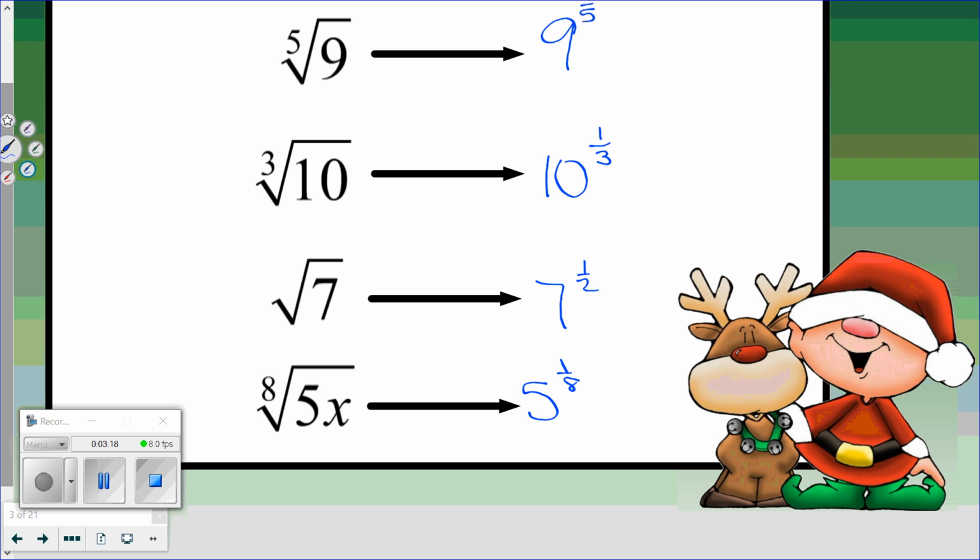You could do 5 to the 1/8 and then x to the 1/8, or 5x in parentheses to the 1/8, because aren't they both underneath that radical? Both of them are taking the 8th root. I'm lazy, so I'd probably go with option 2. I'd write 5x in parentheses and put 1/8. Either one's fine, but you need something that shows that the 1/8 is actually on both of them, because they're both underneath there.